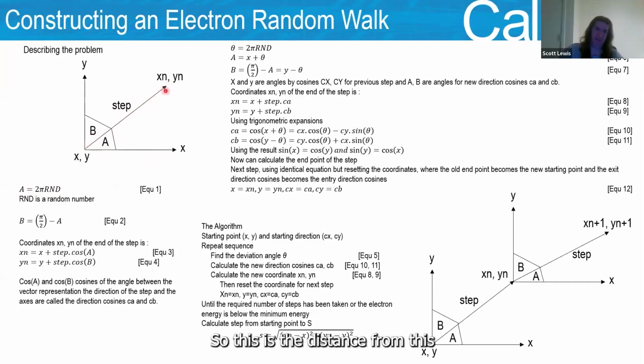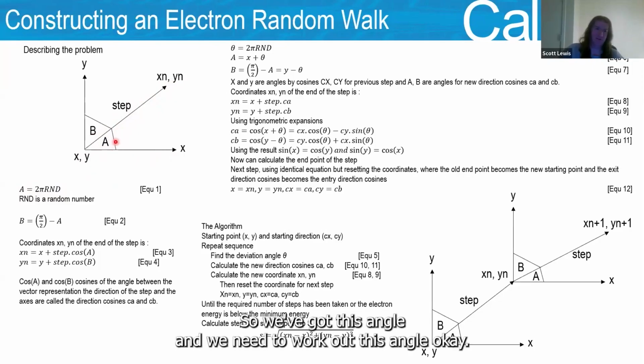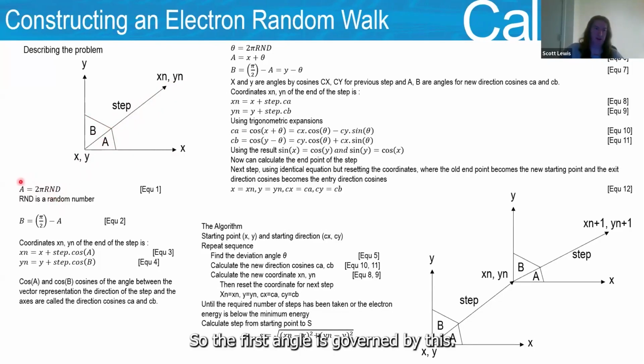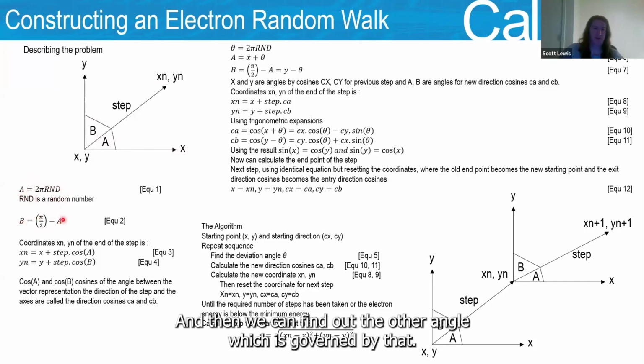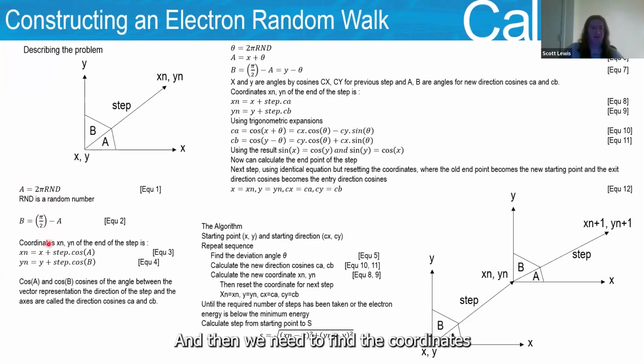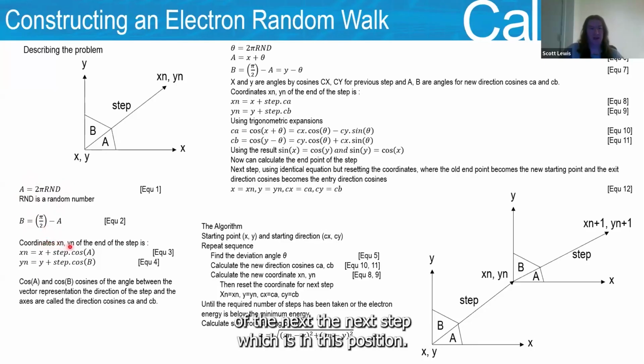This is the distance from this, or what we call the step length. So we've got this angle, and we need to work out this other angle. The first angle is governed by this, and then we can find out the other angle, which is governed by that. And then we need to find the coordinates of the next step, which is in this position, and it's governed by this.